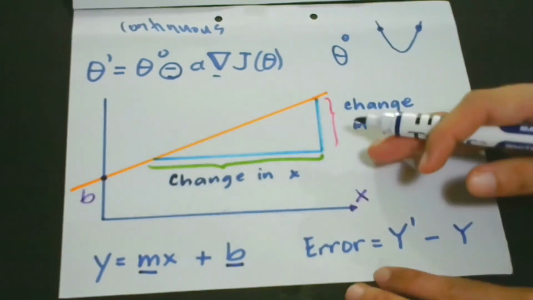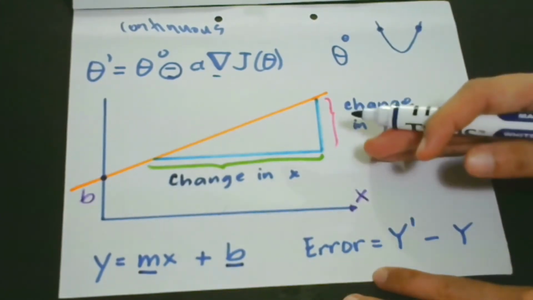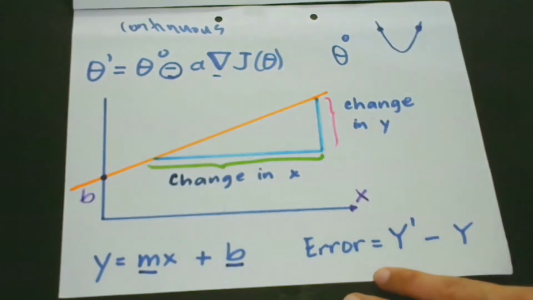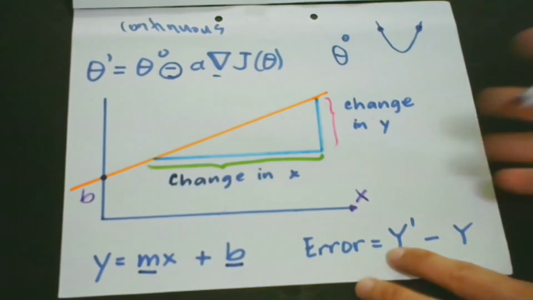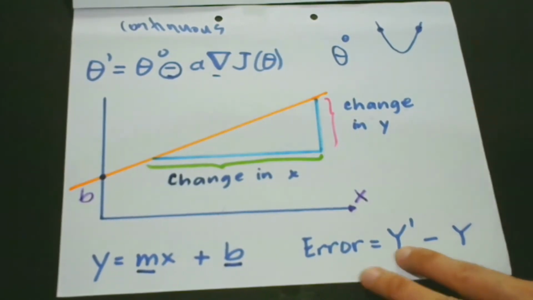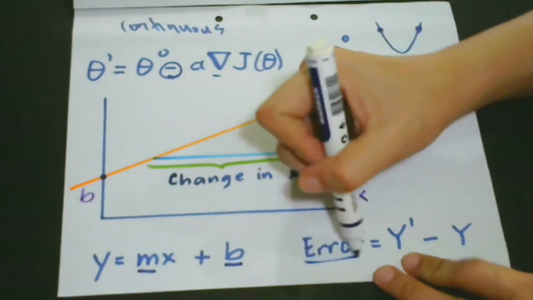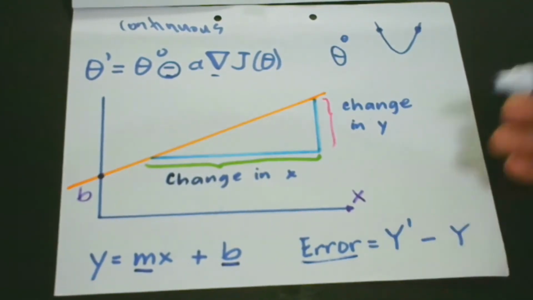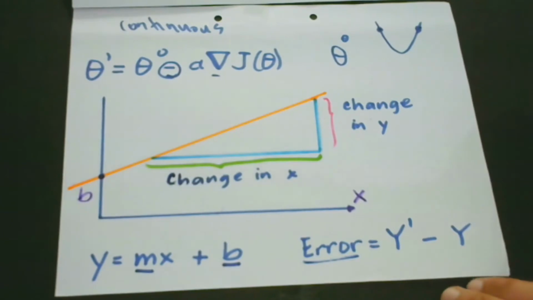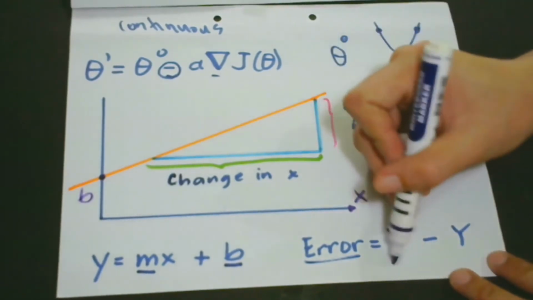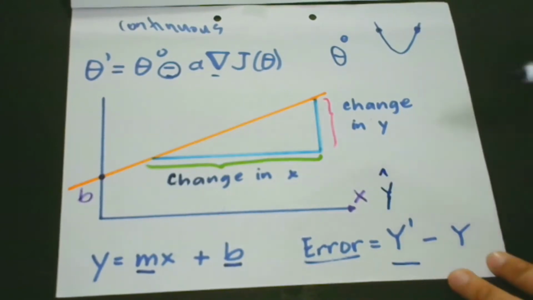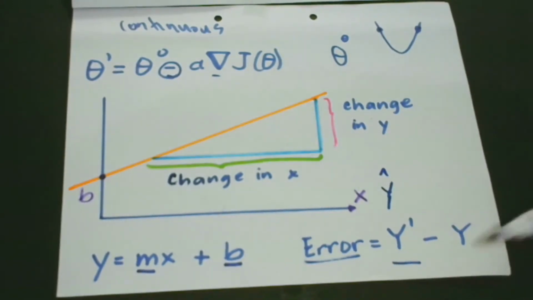This model will give us predicted values given a new set of inputs. Basic to this idea is the concept of error, which is the difference between the predicted value of y, or what we call y prime, or in some cases y hat, and the actual value of y.